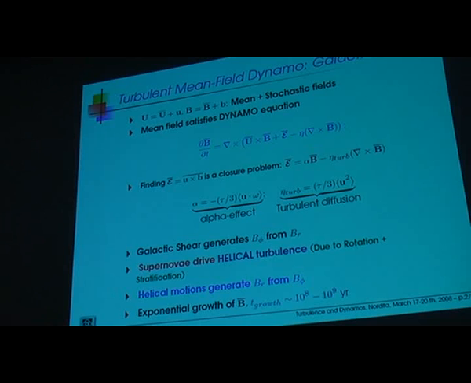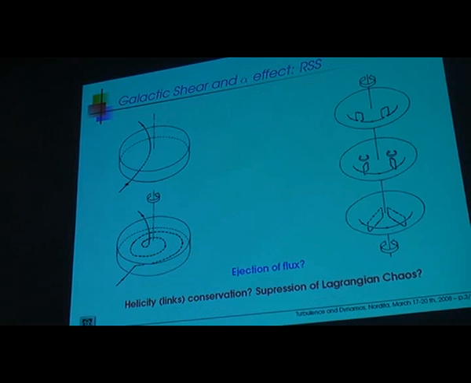In the galactic context, the galactic shear, which is given to you, and which you cannot do much about because it's governed by gravity, which has nothing much to do with all the turbulence that's going on, generates toroidal fields from any radial fields. And I'll borrow a figure from Anwar's and Dmitry Sokolov and Maikin's book.